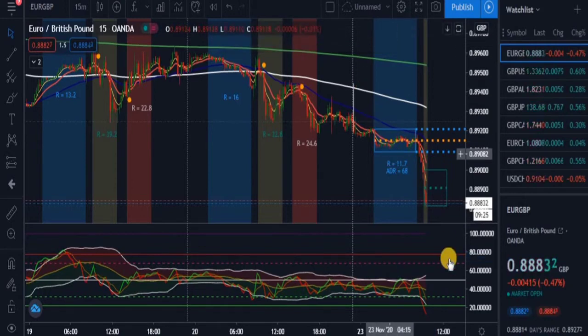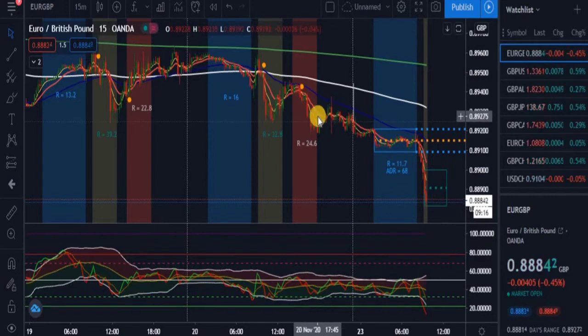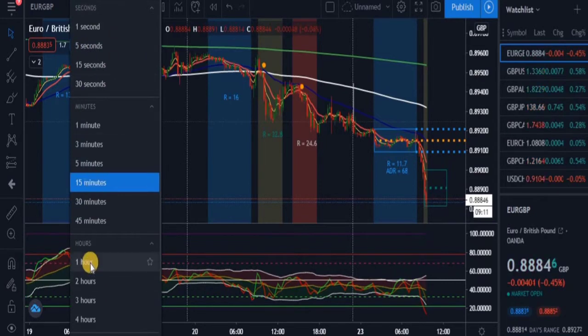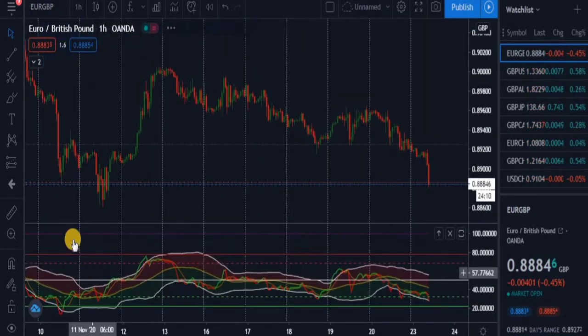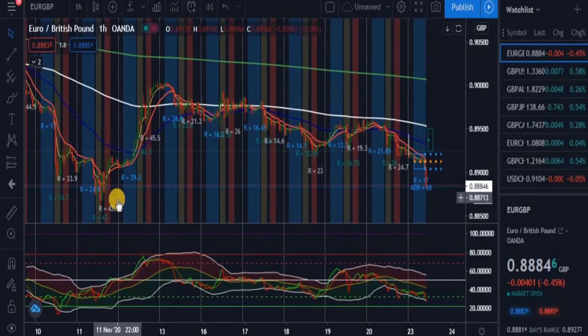Here we have price at the oversold area, your TDI is blown out. Now you go to your H1 chart. Let me go to the H1 chart and see where there are potential areas.